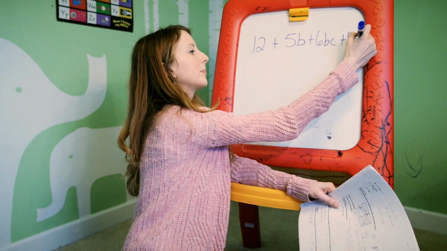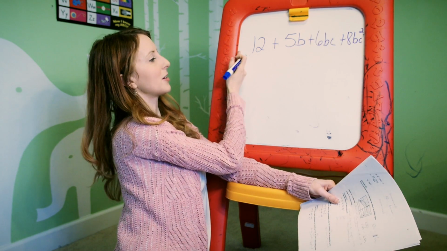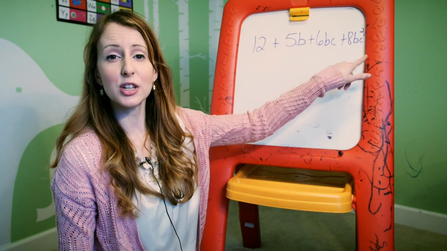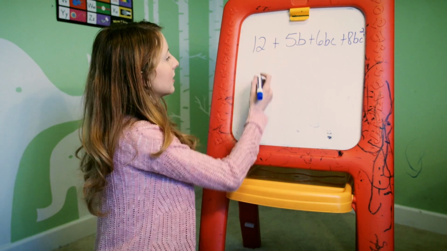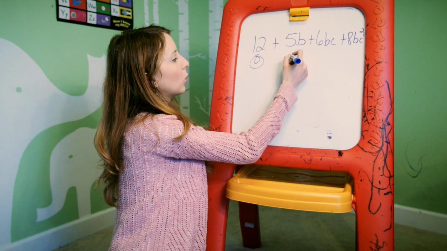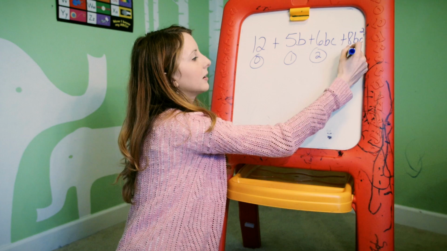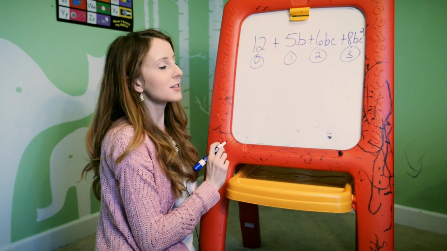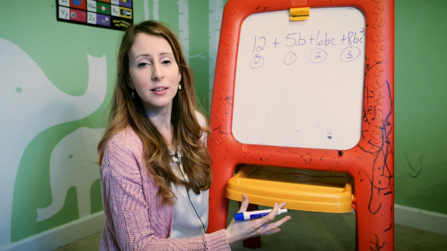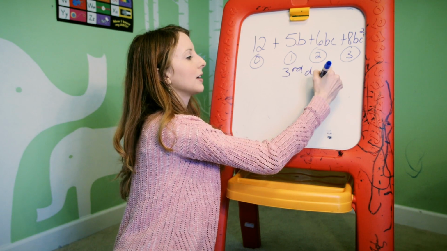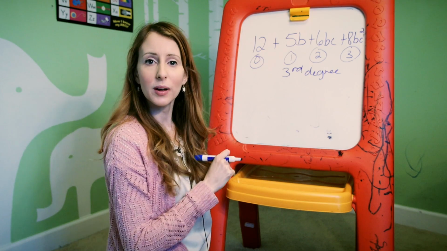Goodness, I'm running out of room. Got to start these farther this direction. All right, first let's assign degrees for each individual term. 0, 1, 2, and 3. And so this is a 3rd degree polynomial.